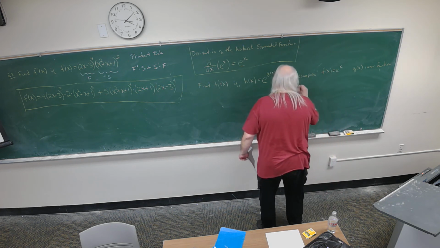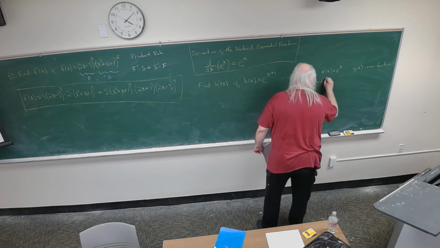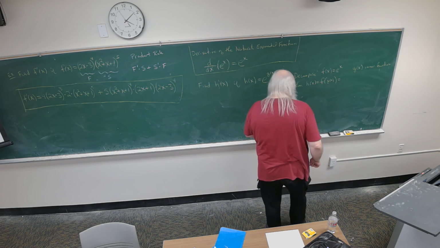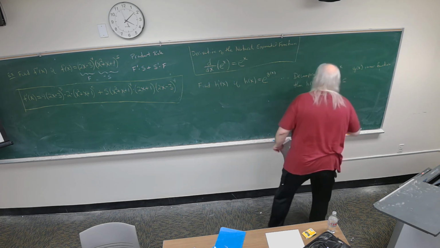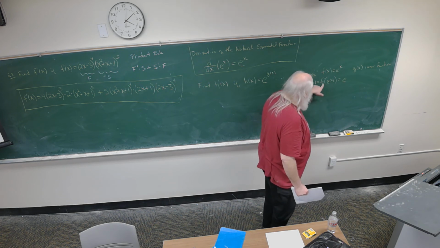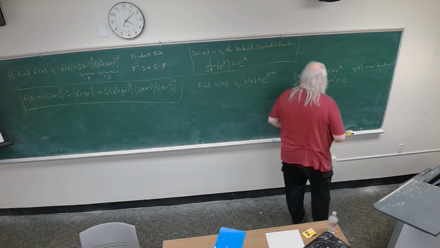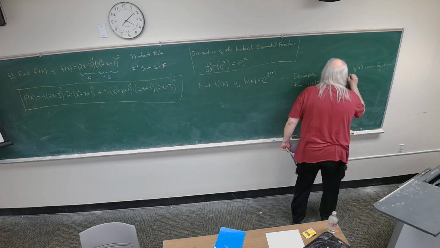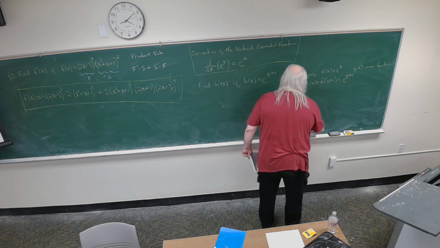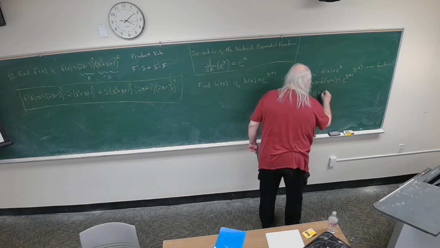When we have that decomposition, h of x, which is equal to f of g of x, is equal to, well, f of x is equal to e to the x. So when you evaluate f at g of x, you put g of x in for x, and you have e raised to the g of x power. f prime of x, the derivative of f of x, is just e to the x.